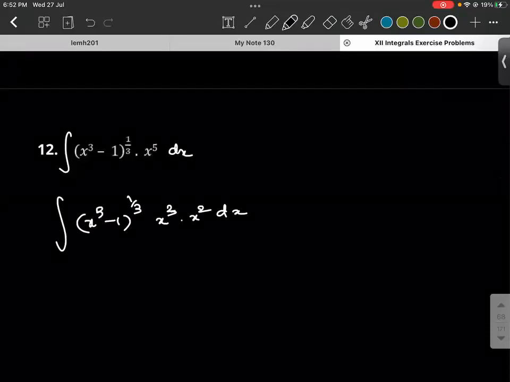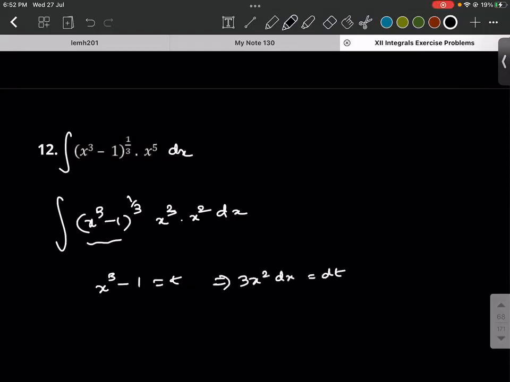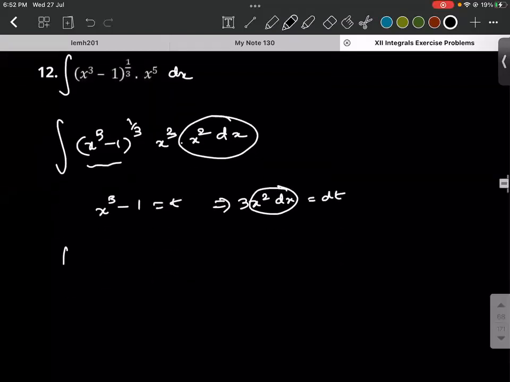Now what I can do is I can eliminate the whole cube root by substituting x cube minus 1 itself as t. If I do this, then I'll get 3 times x square dx is equal to dt. Means I have x square dx and x square dx. I can combine them. So when I do this, integral of (x cube minus 1) the whole power 1 by 3.